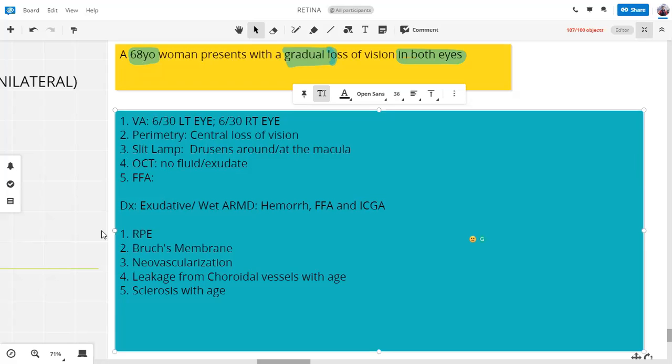No, not CRVO. Yes, we did our diagnosis, but we did not classify them based on the FFA. The classification is based on FFA.